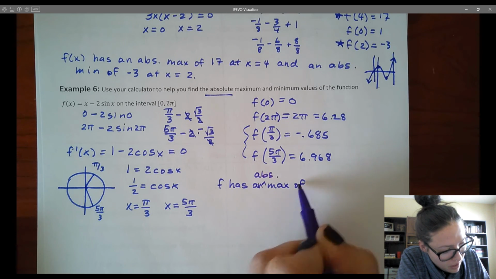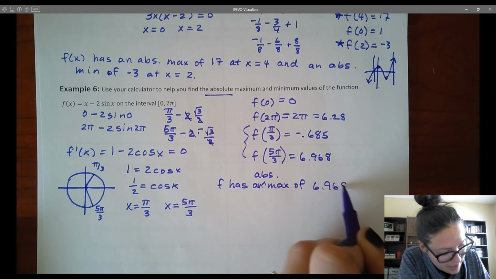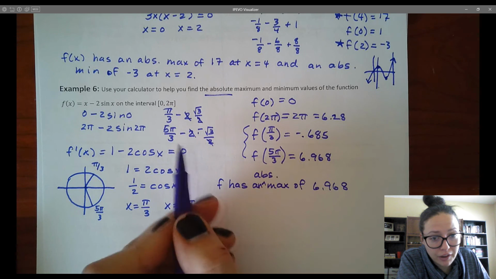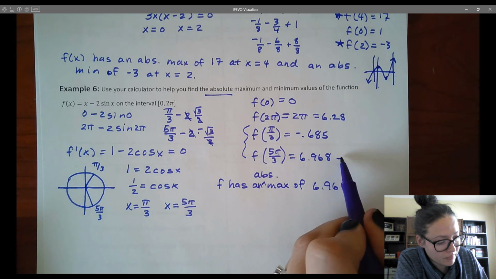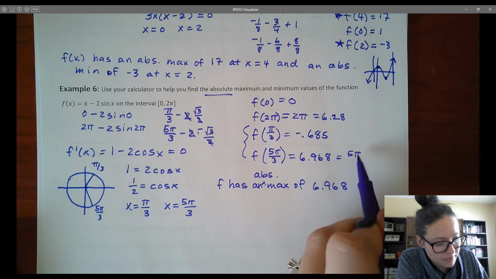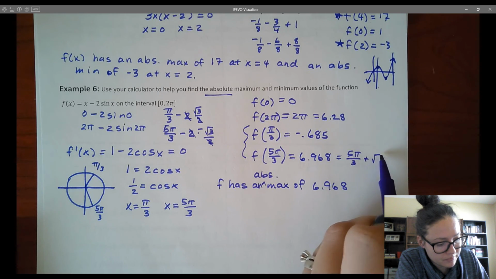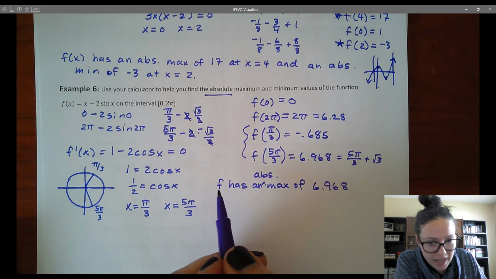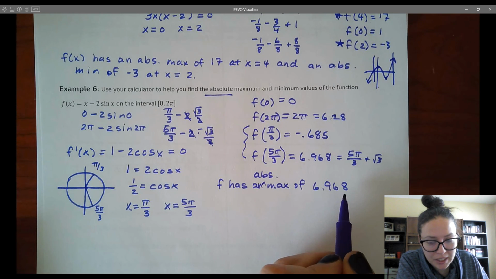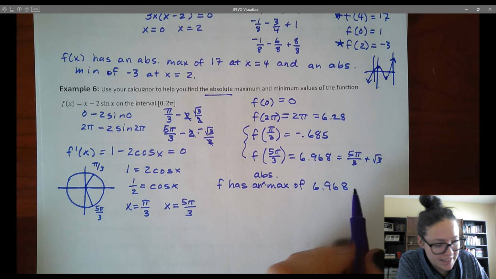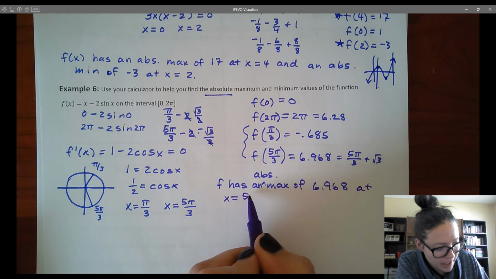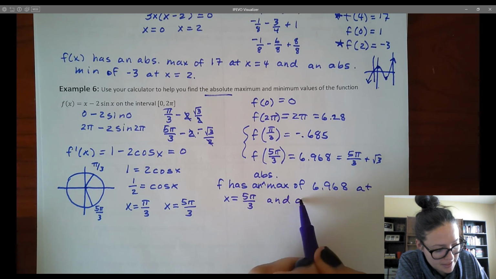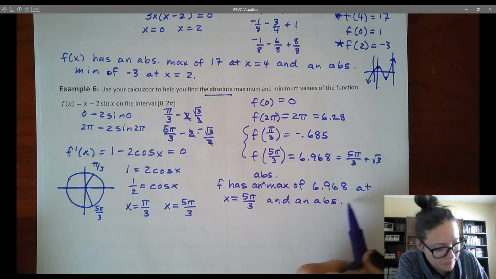But either one is fine. f has a maximum of 6.968 at x equals 5 pi over 3, and an absolute minimum of negative 0.685 at x equals pi over 3. All right, so that is the candidates test.